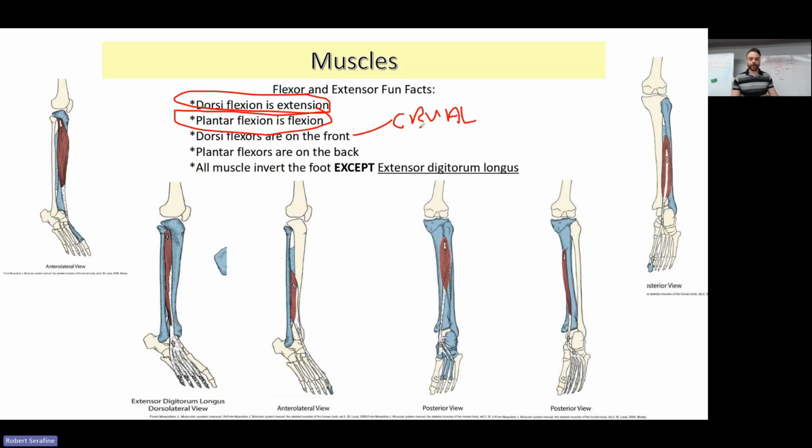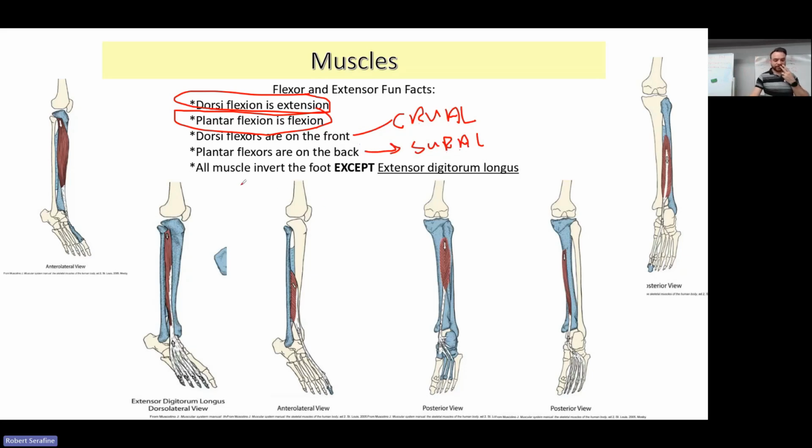Then our plantar flexor muscles, or flexor muscle groups, are on the back of the leg, which again we call the sural region. Pretty much all of these are involved with their respective actions. If they're extensors, then they're going to do extension, which is dorsiflexion. If they're flexors, then they're going to do plantar flexion.